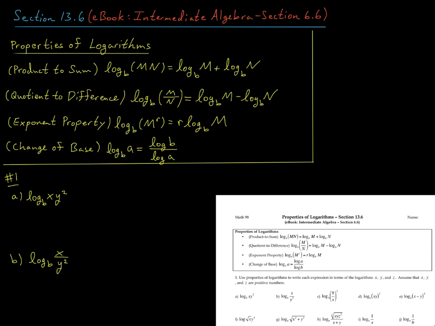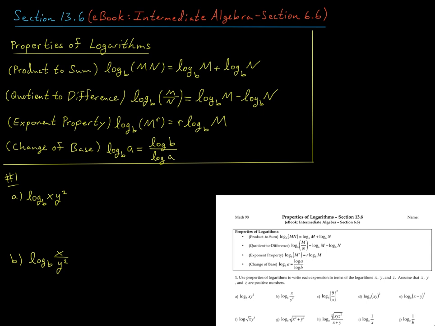Now I also have this quotient to difference property that says if I take the logarithm of the quotient of two quantities, m and n, then I can split that up as the difference of these two logarithms. And notice here that the first term is the logarithm of this numerator, m, and I'm subtracting from that the logarithm of the denominator, n.